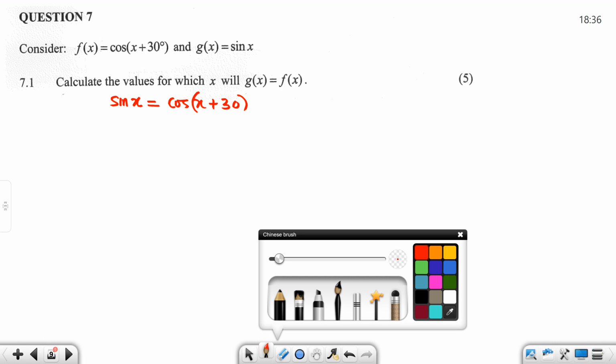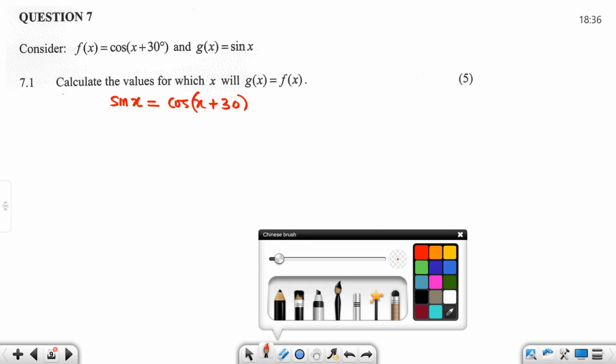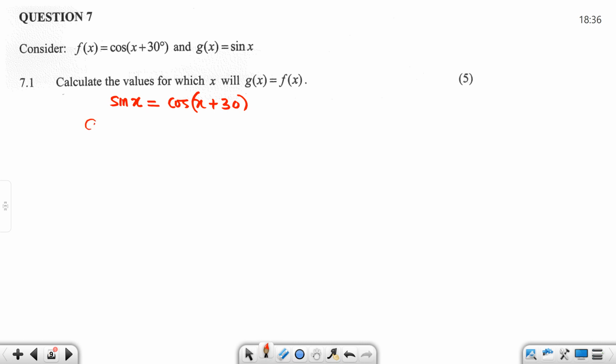So if I want to change this, I'm going to write cos. Once I say cos, what happens? It becomes 90 minus x equals cos x plus 30. Make sense? So you have cos on both.